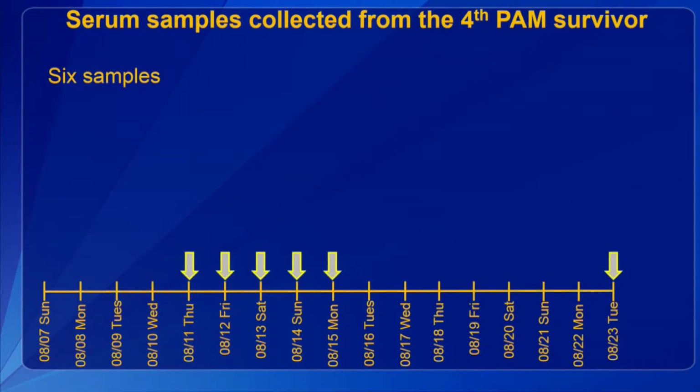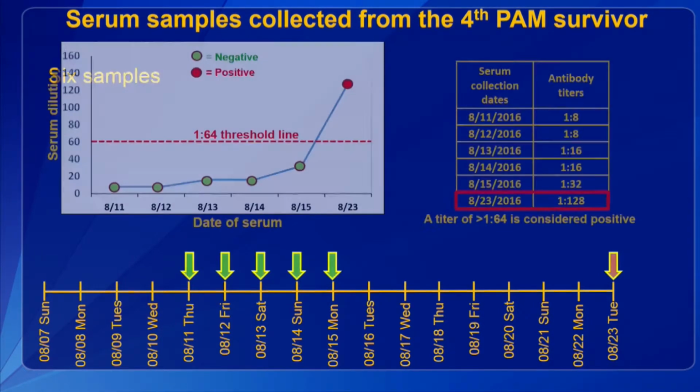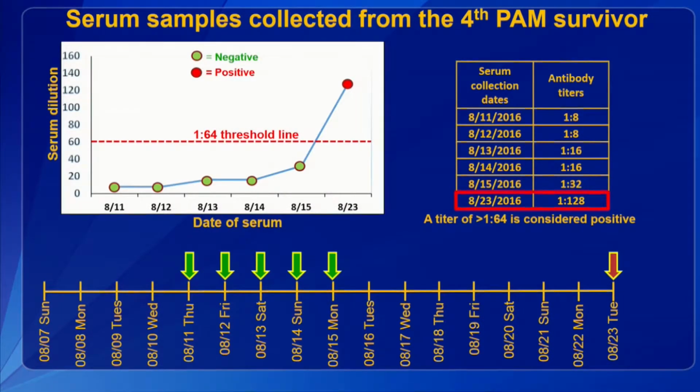So in addition to CSF, we also received 6 serum samples. 5 of them were collected daily from 8/11 through 8/15, and 1 was collected when he was released on 8/23. And first 5 were actually negative because the titer was less than 1:64. But there was a trend that it would be positive.